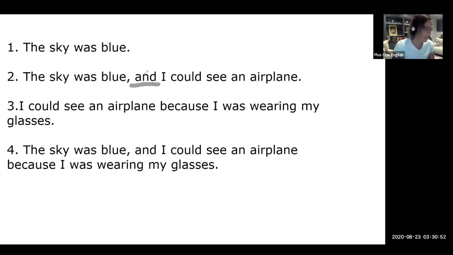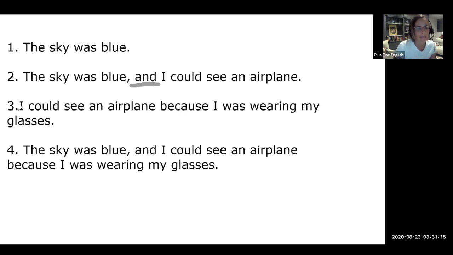Now we know that and is not a subordinating conjunction. We know it's a connector. It's called a fanboy. I could see an airplane. I is the subject, could see is the verb, an airplane is the object. And is the connector. This is a compound sentence.